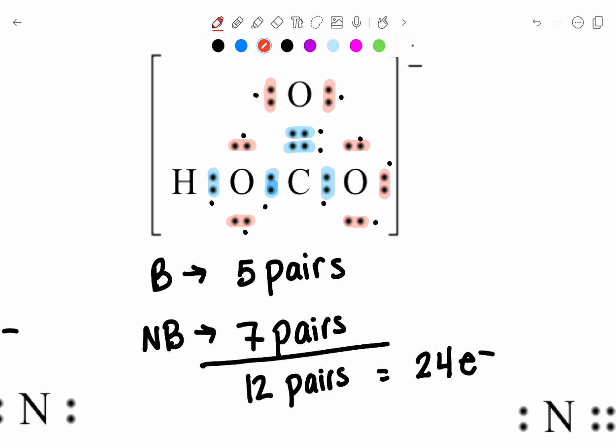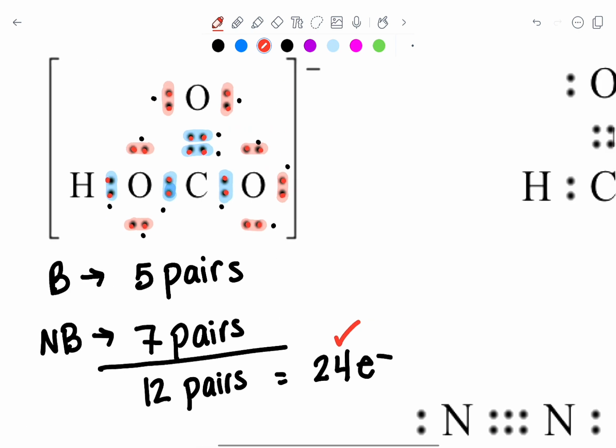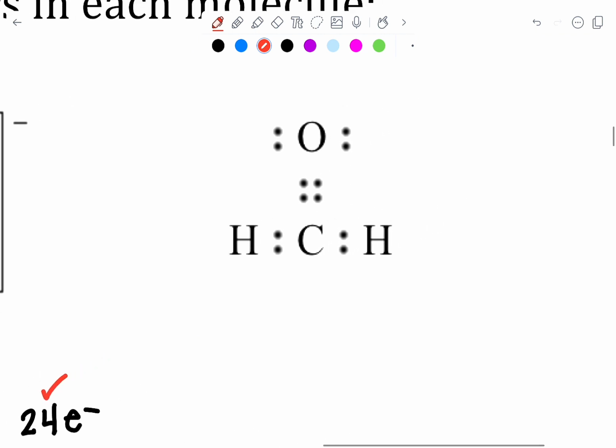So let's count those up. We have 1, 2, 3, 4, 5, 6, 7, 8, 9, 10, 11, 12, 13, 14, 15, 16, 17, 18, 19, 20, 21, 22, 23, 24. We have all of our 24 electrons accounted for. Awesome. Let's do another example.